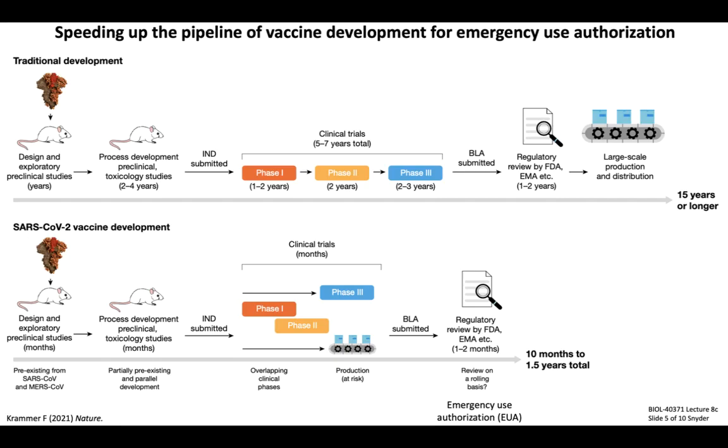Taken together, these factors all explain how we've been able to go from early preclinical research phases to approved vaccines in the remarkable timeline of less than a year. This is a lot faster than I had initially expected at the start of the pandemic, and I again want to stress that this process has still been conducted with the same rigorous safety standards as any type of clinical testing of new therapeutics.